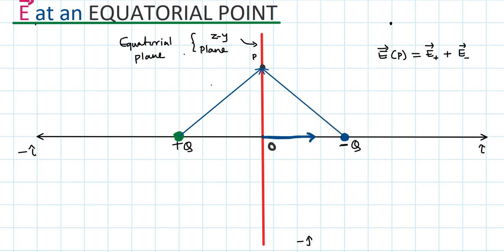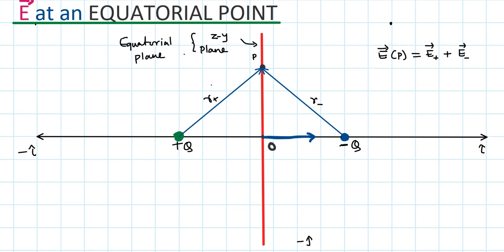So as per our previous label, this distance was R plus and this distance was R minus. Okay, R plus and R minus. So these were the two distances. Very good.